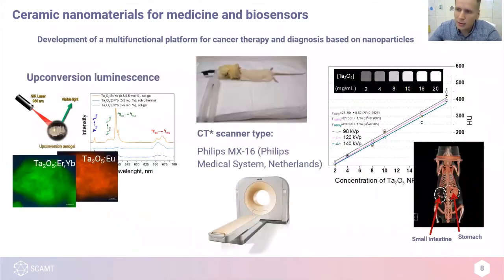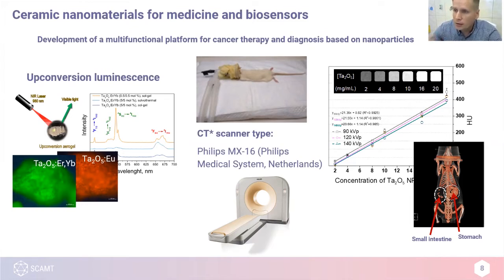Next slide. These nanoparticles have good properties for diagnostics of different types of cancers. For example, we can use optical properties, upconversion luminescence, and contrast agents for different types of tomography.